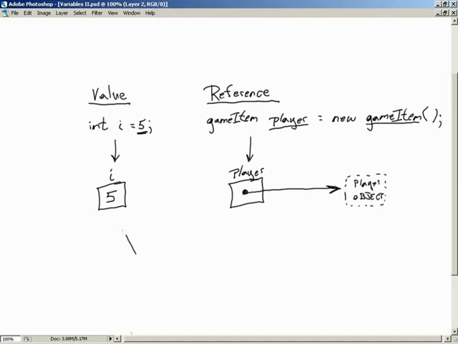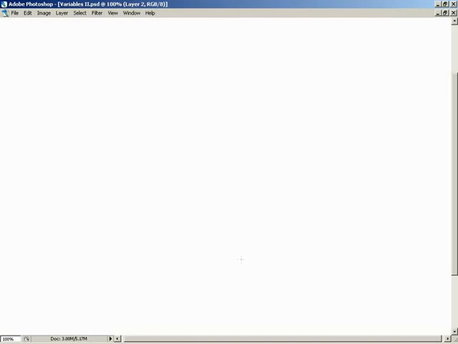So, in the first case, we saw a value. In this case, if we were to use a can opener and open up that variable, what will we see? We see a reference. Okay? An address pointing to another memory location. So, value and reference. All right, let's go and wipe all that out.